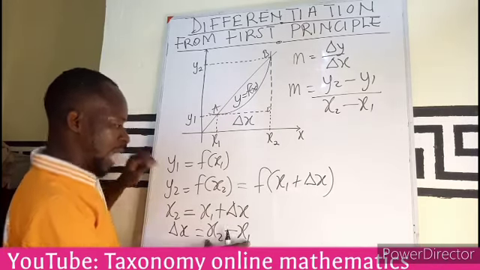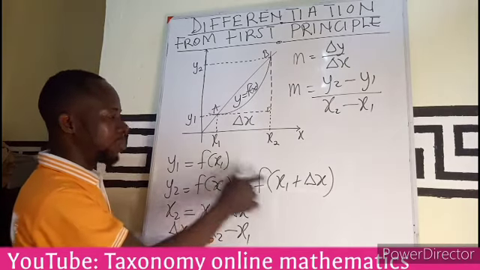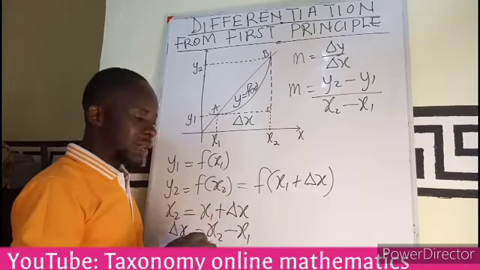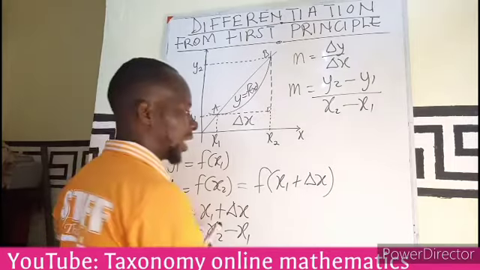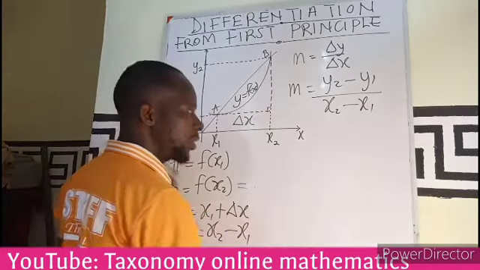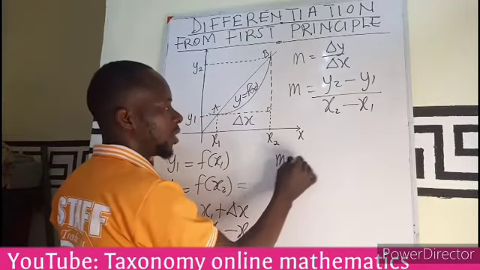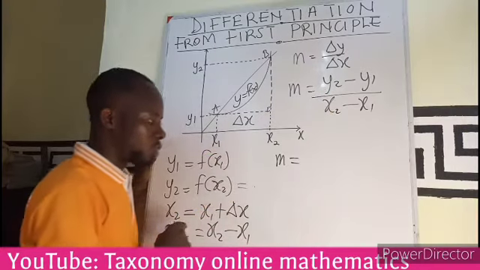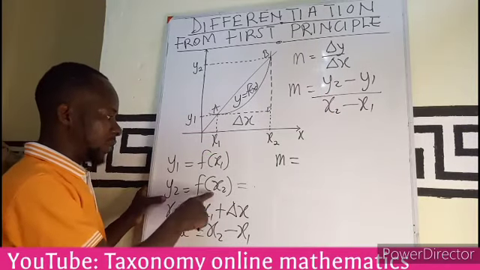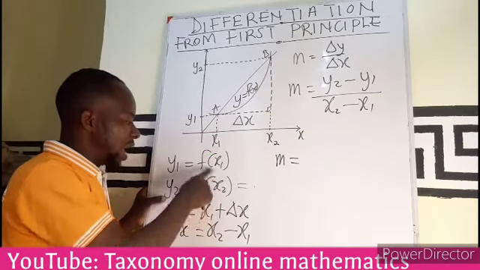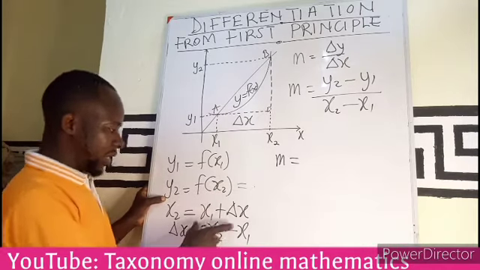So if I want to carry this information back into the gradient function, the gradient is going to be y2. y2 is the function of x2, which is the addition of this.